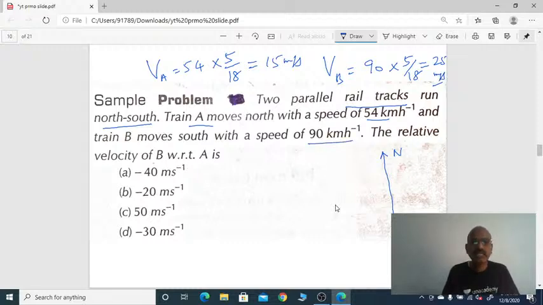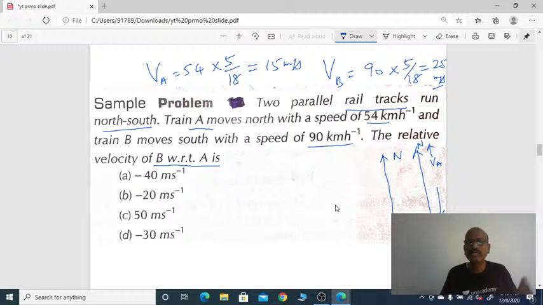Now the relative velocity of B with respect to A. See that on the two parallel tracks, train A moves towards north but train B moves towards south.